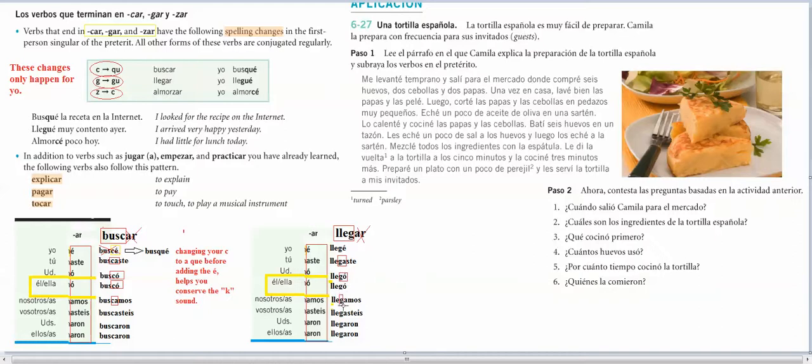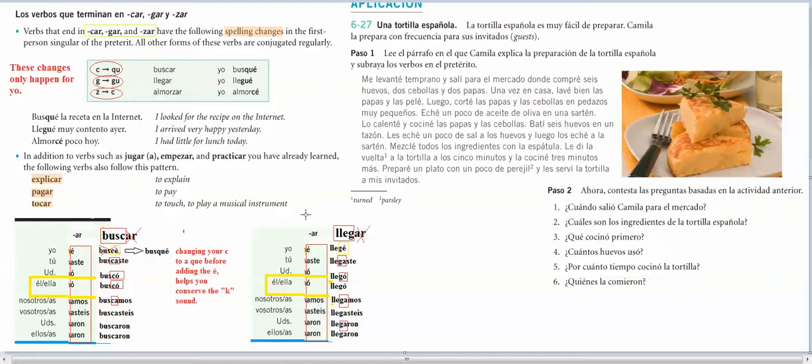Here it's GA, llegamos. Everywhere it's GA, and that keeps the G sound, llegaron. But up here I don't have that, I have a GE. Well, G next to an E changes the sound of G from a G to an H, so I end up with llegé. If I followed the pattern without changing anything, I'd have llegé, llegaste, llegó, llegamos, llegasteis, llegaron.